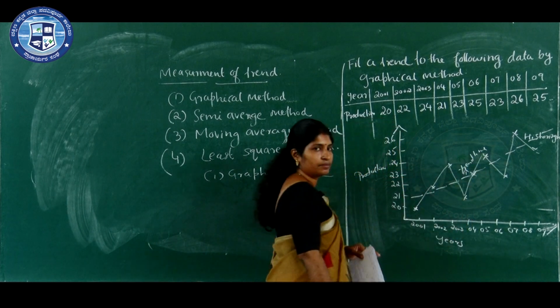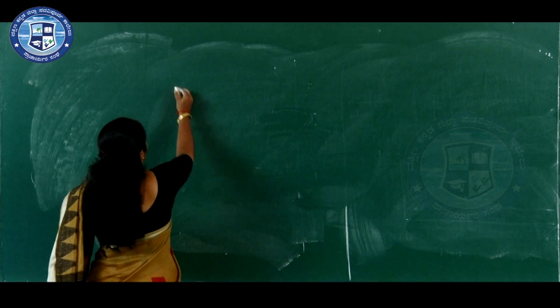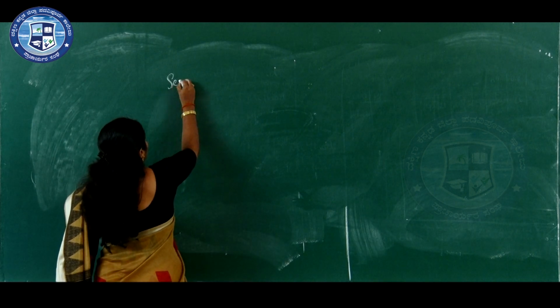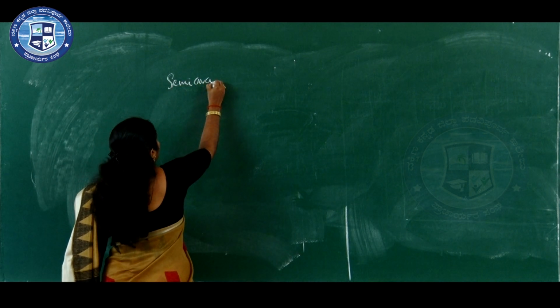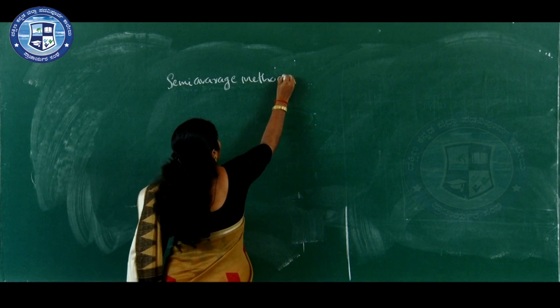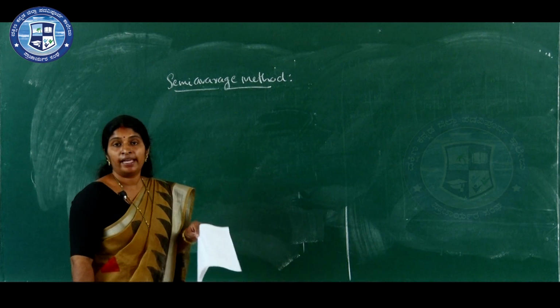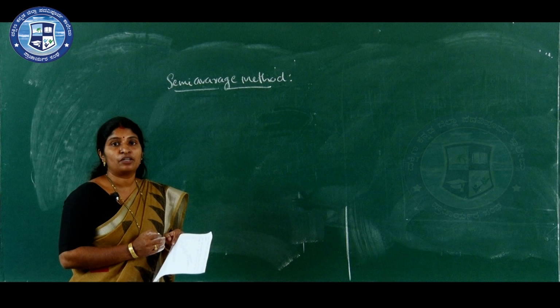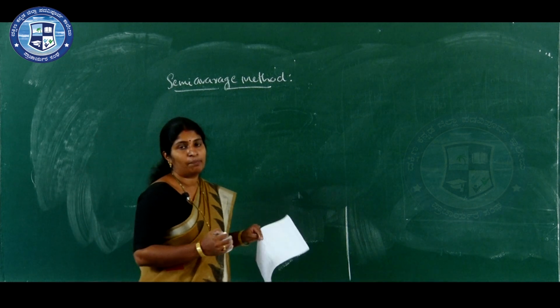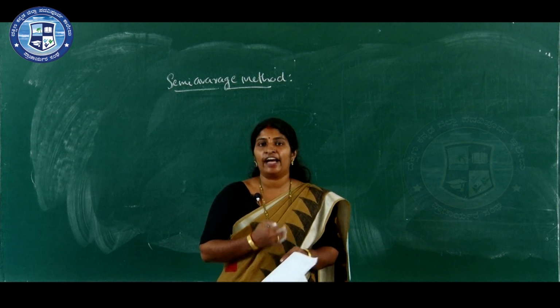Next one is the semi-average method. In the semi-average method, observations are divided into equal parts and then averaged.